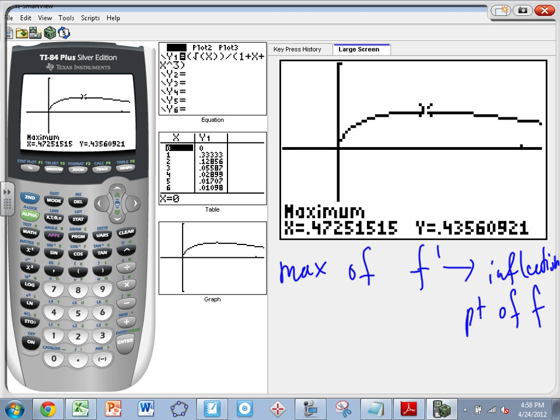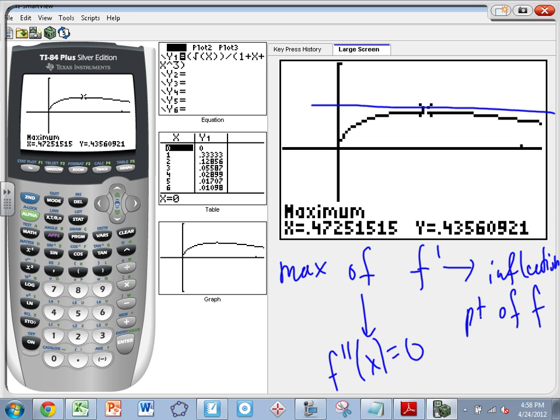Whenever there's a max of f prime, it means that there's a horizontal tangent, which really means that the second derivative equals 0. Because there's a horizontal tangent on the first derivative, which means its derivative is 0. Well, the derivative of a derivative is the second. So when you have the first derivative at a max, you can say that the second derivative is 0.